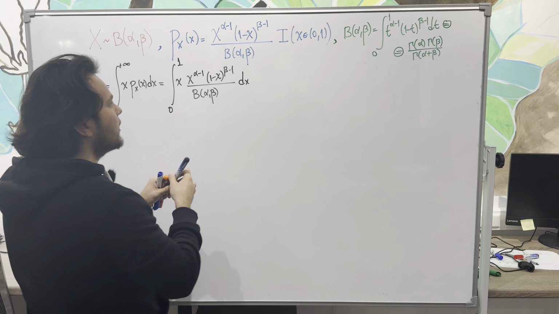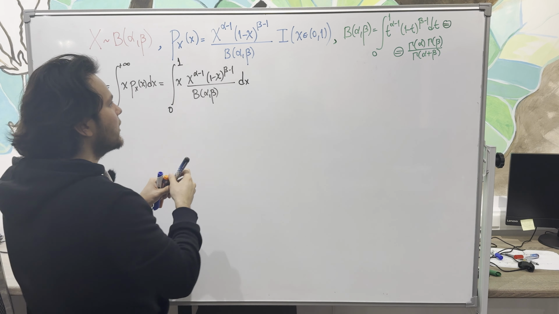And then we have times (1 minus x) to the power beta minus 1 and dx. So following exactly the same logic that we had before, we can see that this is just the beta function of alpha plus 2 and beta.